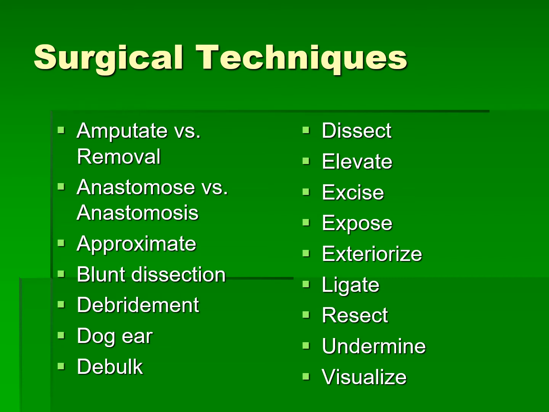This can be done with a Kittner sponge, which is just a little round peanut-shaped sponge that's attached to the end of a clamp. It could be done with a sponge on a stick. I've also seen surgeons take a lap or a Raytech and kind of put it around their finger and use their finger to tease tissue planes apart. The chief of surgery I used to work with called that a finger fracture.